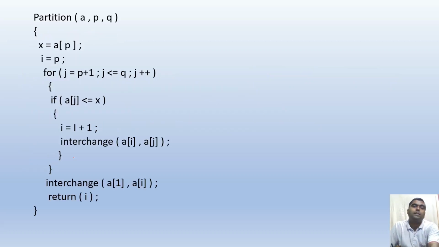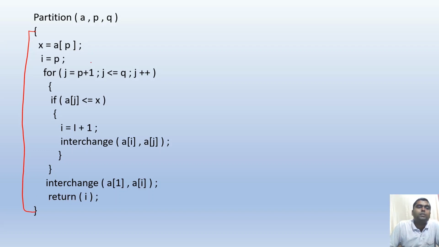Okay, now the very first is the partition algorithm. As I told you, it plays an important and key role in the quicksort algorithm, a very major role. So let us see how this algorithm works. This is the starting and ending of this partition algorithm.